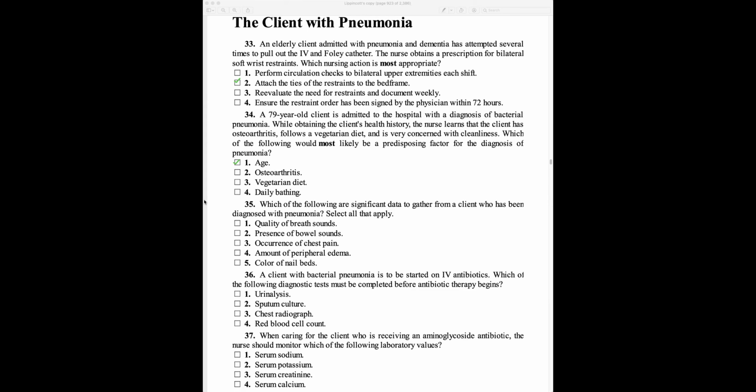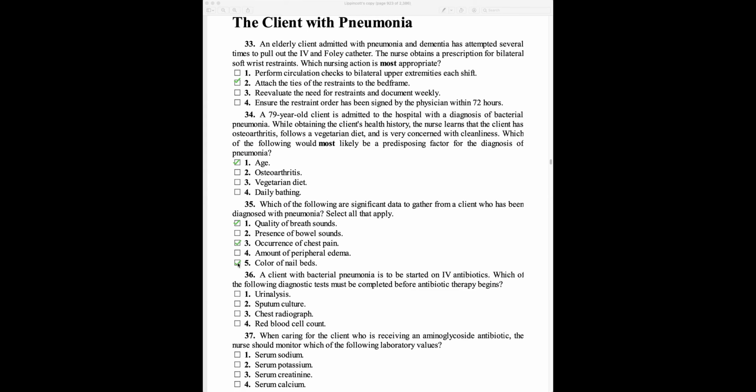What are the correct answers for 35? The correct answers are 1, 3, and 5.